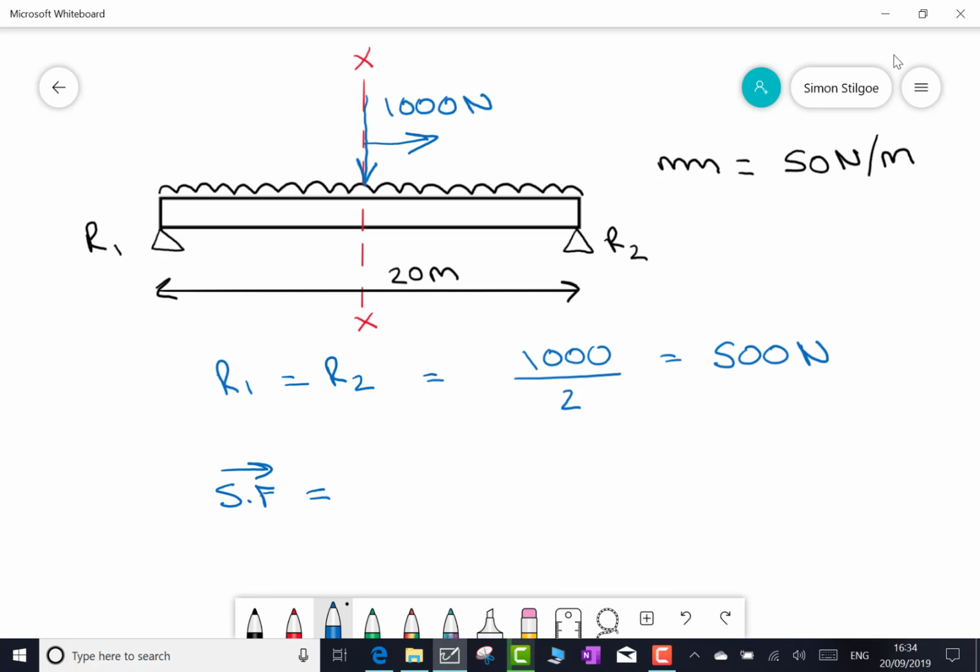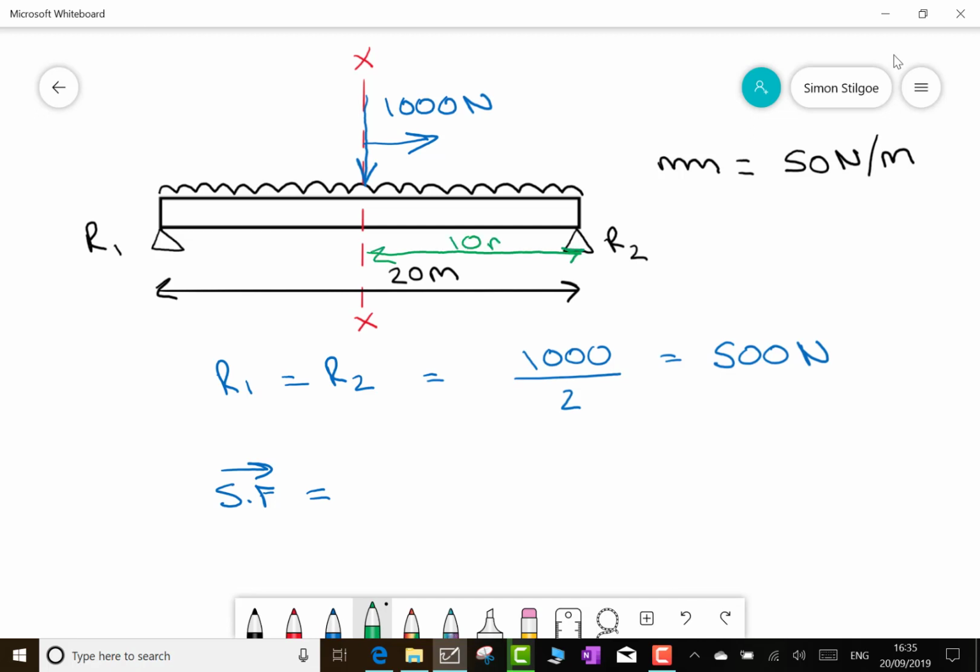Okay then, so what we're looking at first of all is if we go to the right of my shear force section XX, I've got my distributed load that is acting downward. Now, the distributed load, remember, is going to act in the centre of the section. And because we're only looking to the right now of section XX, that's only a distance here of 10 metres on my beam from this point over to that point.